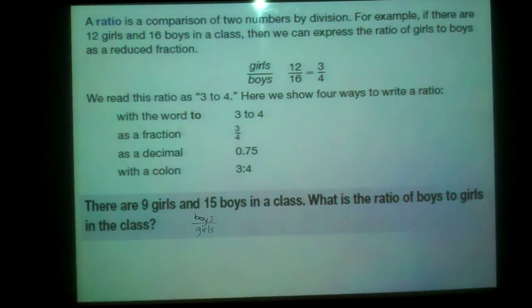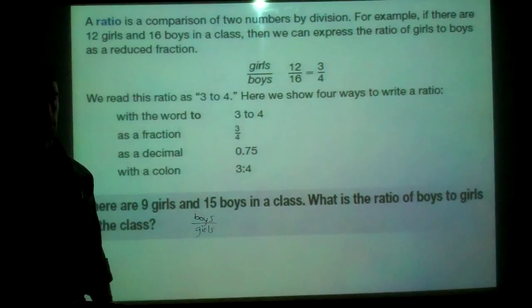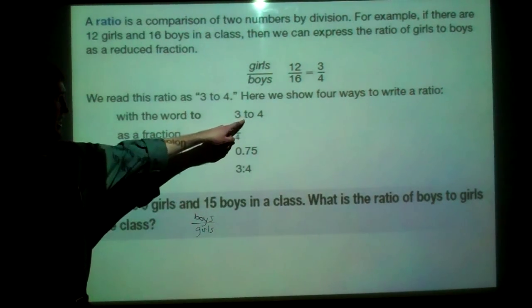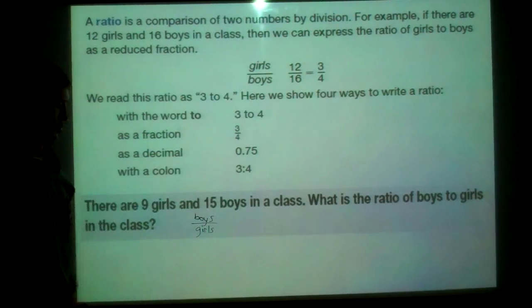That's going to help us relate to algebra later, because that's how they do things in the algebraic world. So I like to use this method here, and when I talk about it I say it like this, but when I represent it on paper, I use this right here. So setting up a ratio here, boys to girls, we've got 15 boys and 9 girls. What is the ratio?